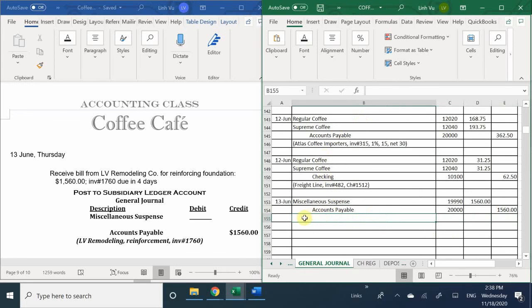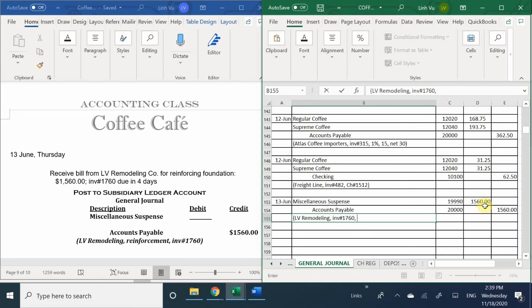All right. So I'm going to go ahead and make my note for my description that this was from LV Remodeling, invoice number 1760.